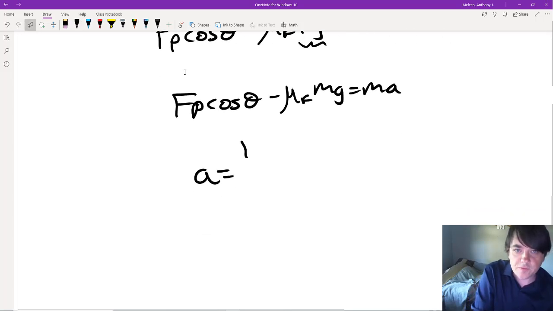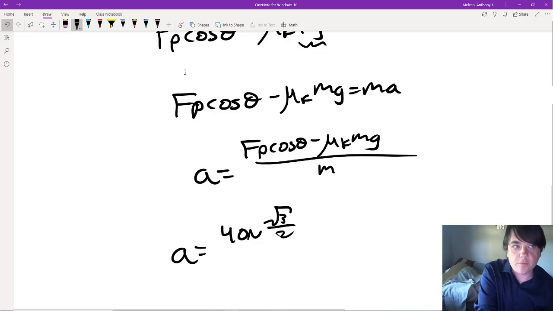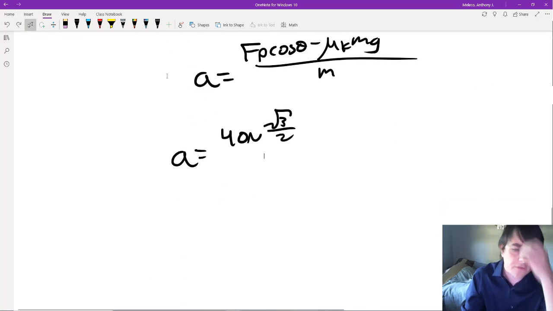So this is going to be Fp cosine theta minus mu k mg over m. And that's going to be our acceleration. So we have 40 newtons times cosine of 30 degrees. Cosine of 30 degrees, if you remember, is root 3 over 2. Yeah, it was 30 degrees.